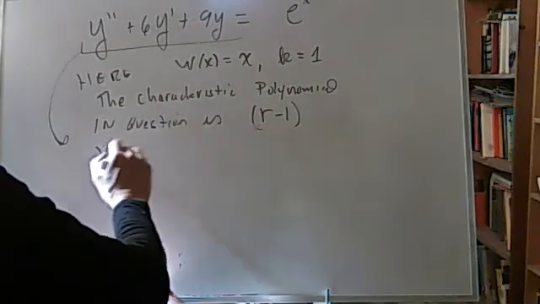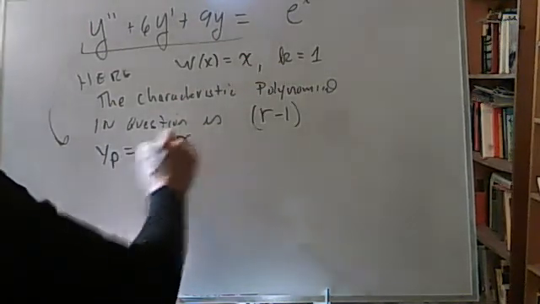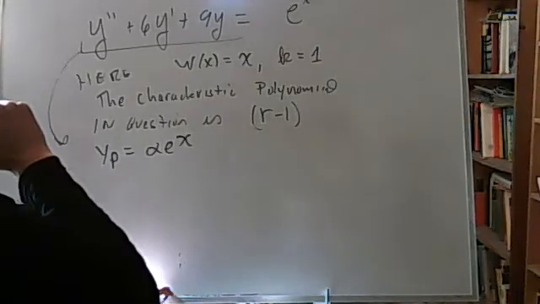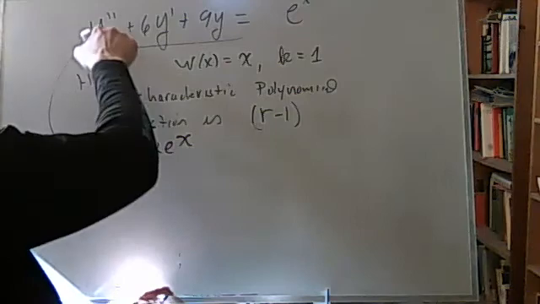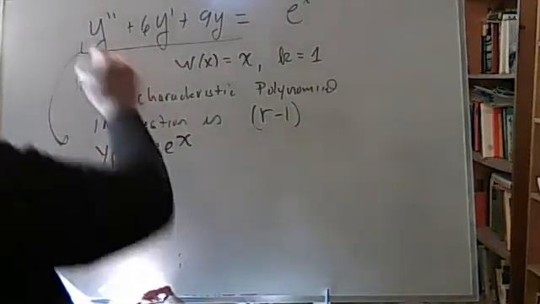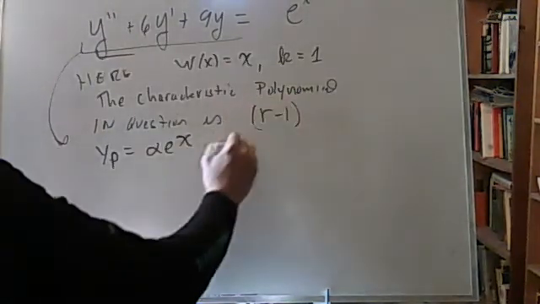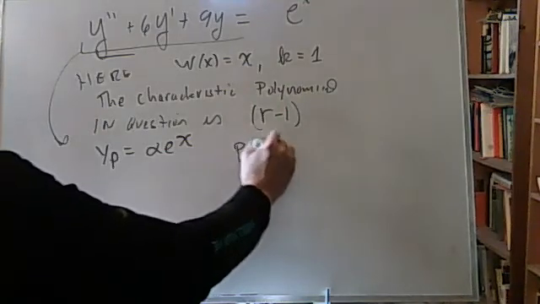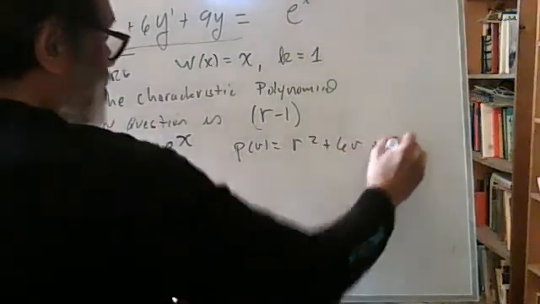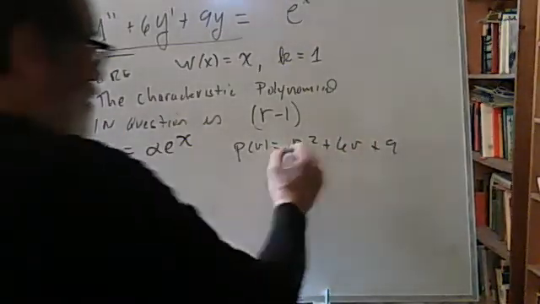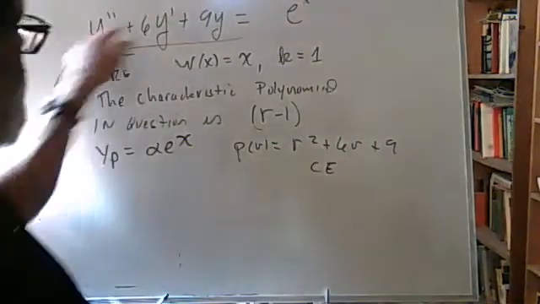Since 1 is not a solution to here, to figure out if we attempt y_p equals alpha e^x, we can now plug this root 1 into this equation here. Let P(r) be the characteristic equation of the original.